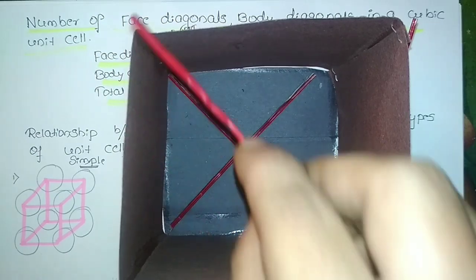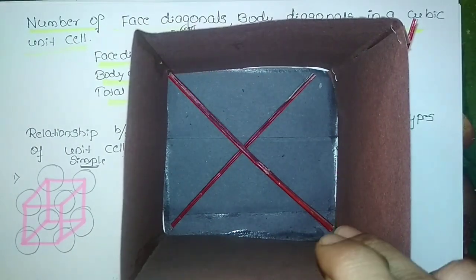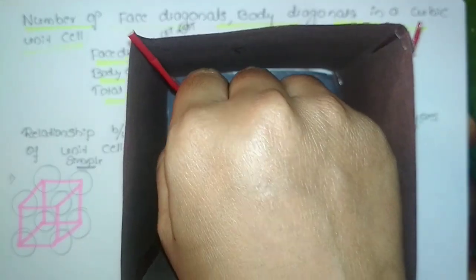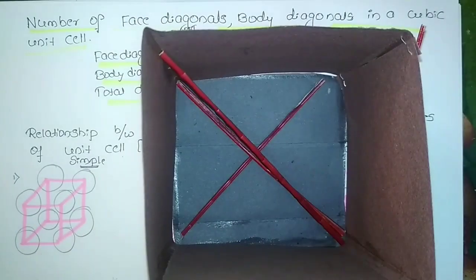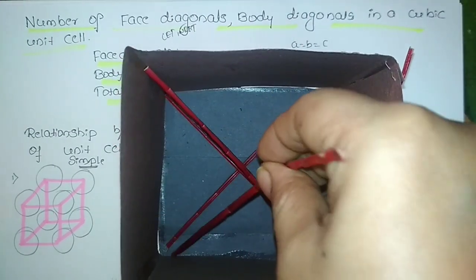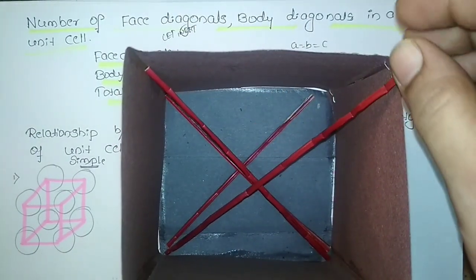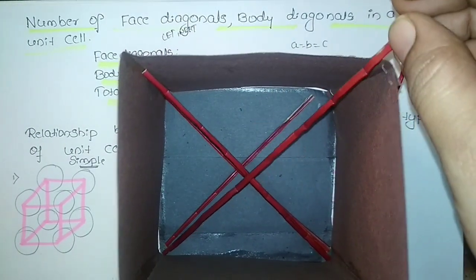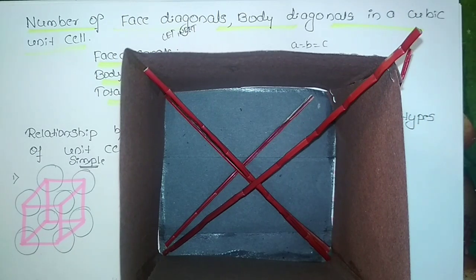See here, from this corner to this corner, I am joining these two vertices. So this is one body diagonal. Similarly, from this corner to this corner, this is another body diagonal, so that is two.